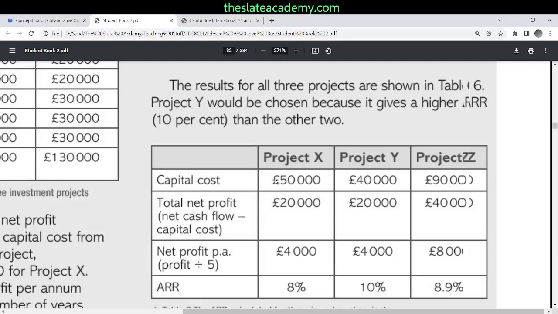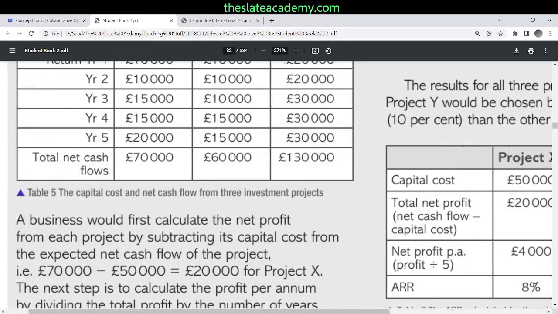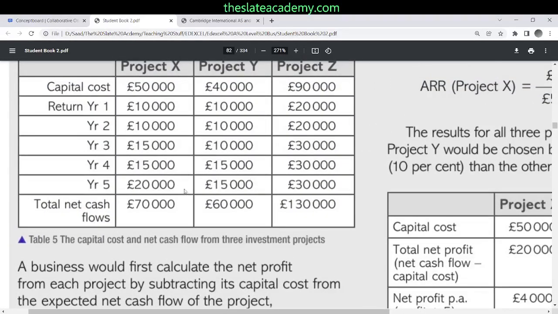Sir, the net cash flow says 70,000 here. What is that? It's a bit deceiving, because these net cash flows are just the sum of returns, year 1, 2, 3, 4, 5. Actually, net cash flow should mean they have netted the initial outflow as well, but they haven't done that.